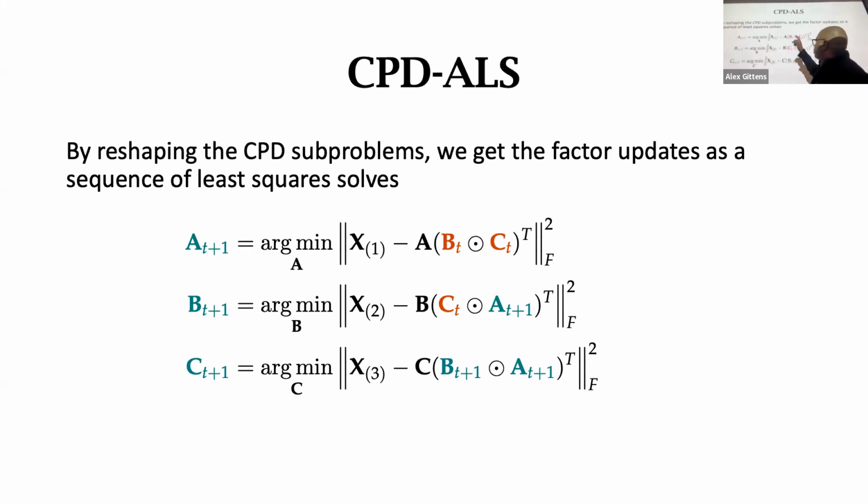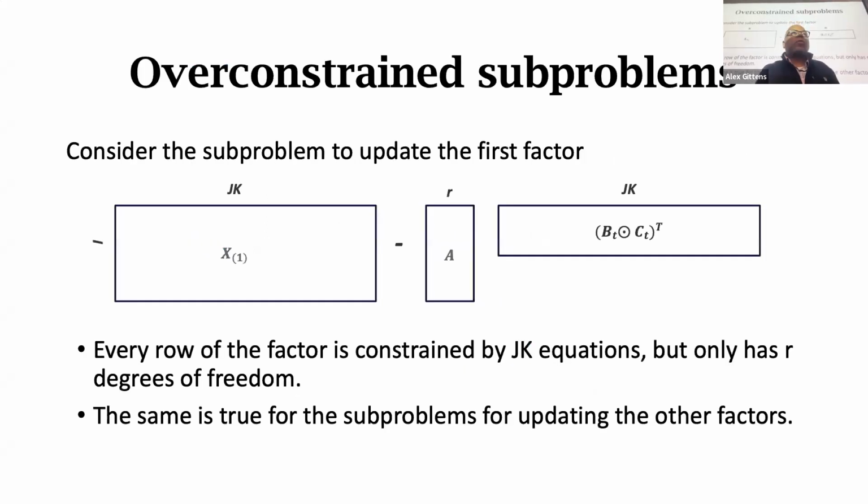Okay, so these are 3 least squares systems that we're going to solve in sequence. And like I said, they're overconstrained. So the Khatri-Rao product of B and C has JK rows. Okay, so this is the transpose.